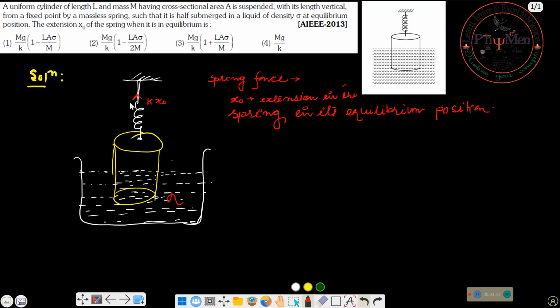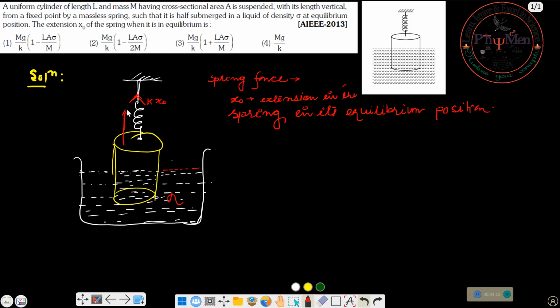Since it is extended, the force will be in the upward direction, and because of the liquid of density sigma, since it is submerged in the liquid, it will have a buoyancy force upward.